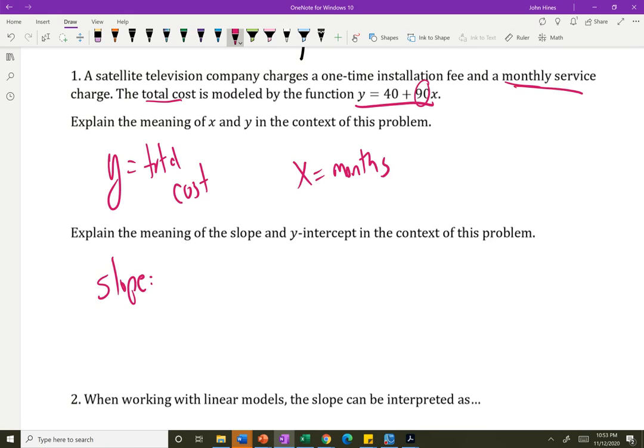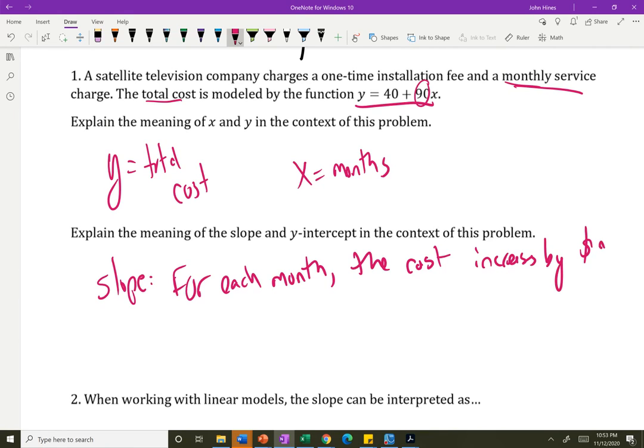Well, slope is for each, for every. So for each month, the cost increases by $90. Every month, the cost increases by $90.